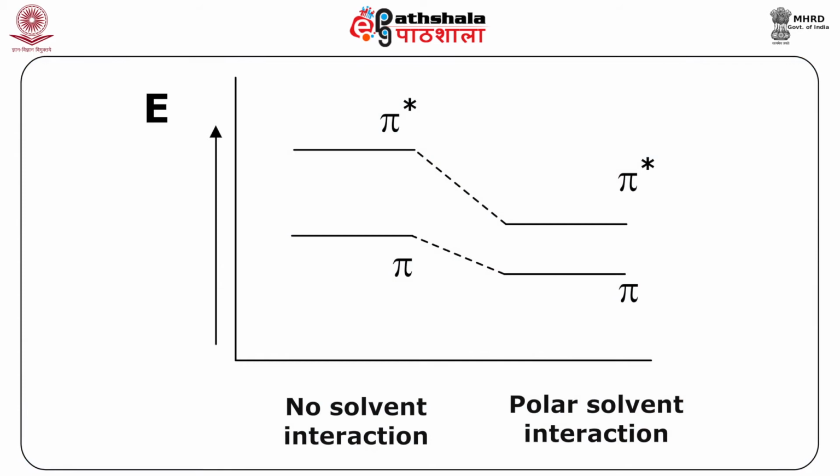In polar solvents, the dipole-dipole interaction reduces the energy of the excited state more than that of the ground state. Thus, a polar solvent decreases the energy of pi to pi star transitions, and hence the absorption in a polar solvent such as ethanol will be at a longer wavelength, that is a red shift will be observed than in a non-polar solvent such as hexane.